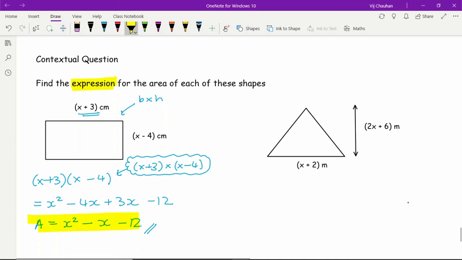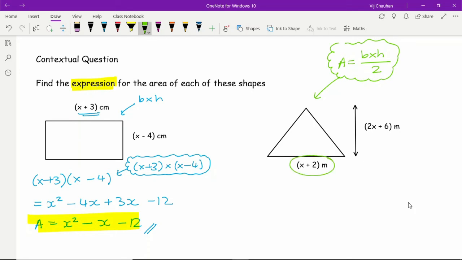Now moving on to the second question, well this is a triangle. To work out the area of a triangle, it's base times the height, all divided by 2. Now if you want to go for half base times height, again, not a problem, but I'm just going to go for this formulation of the area of the triangle. So if we take this as being our base, and this as being our height, then to do b times h, that's going to be x plus 2 times 2x plus 6.